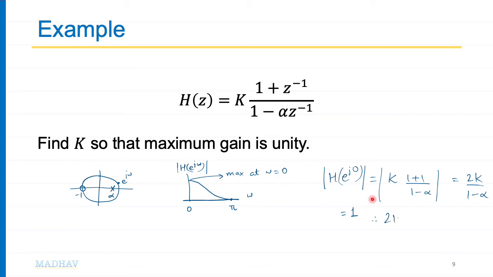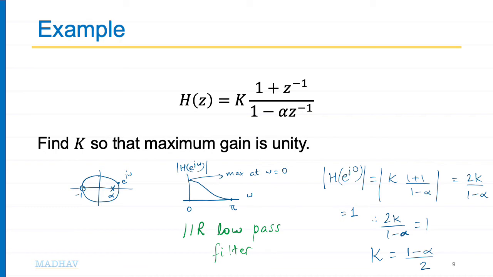So what should be the value of k? My k should be equal to (1 minus alpha) upon 2. That's it. If this condition is satisfied, then the maximum gain will be unity. And this is an IIR low pass filter.